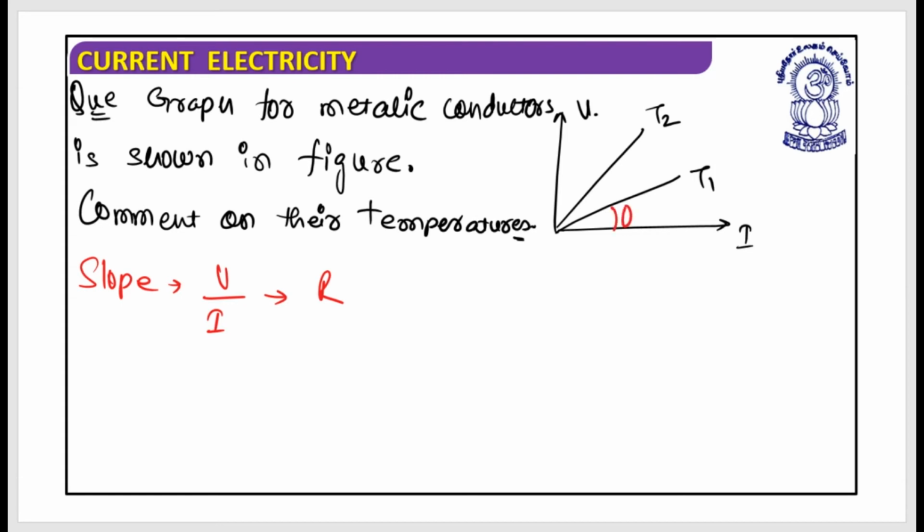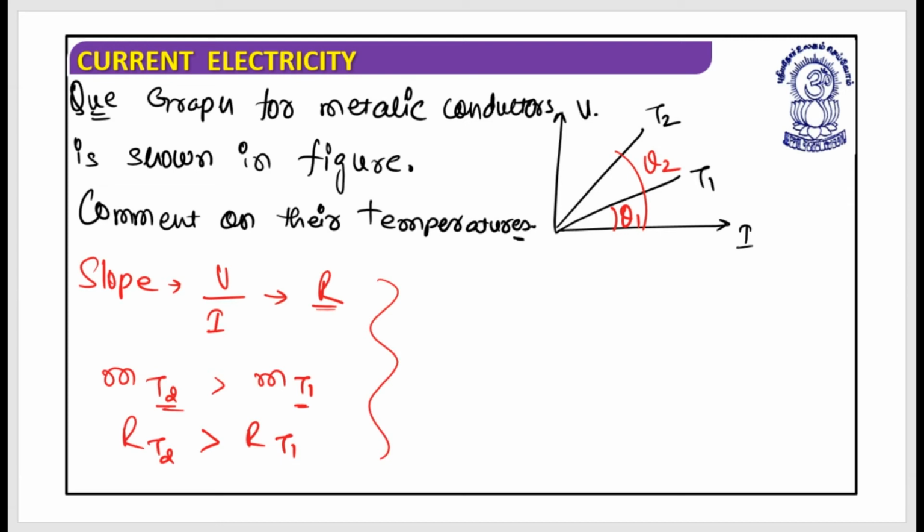If I understand this slope very carefully, it's theta 1, it's theta 2, and the slope of T2 is greater than the slope of T1. So as the slope is higher, the resistance would be higher. Resistance of T2 would be greater than resistance of T1.